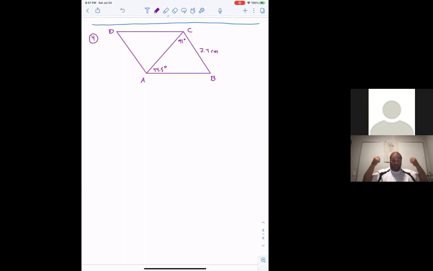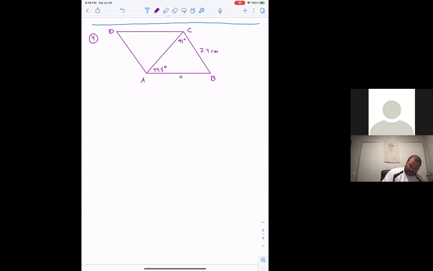So pause, and now welcome back. We need a second side. Specifically, AB would be the most convenient to use, and we can get it immediately from the law of sines.